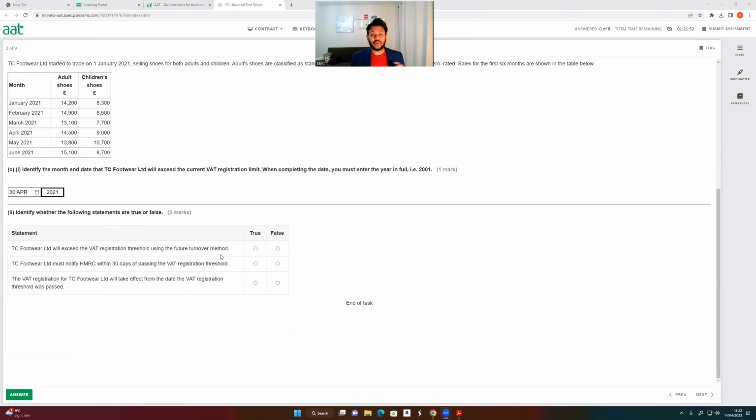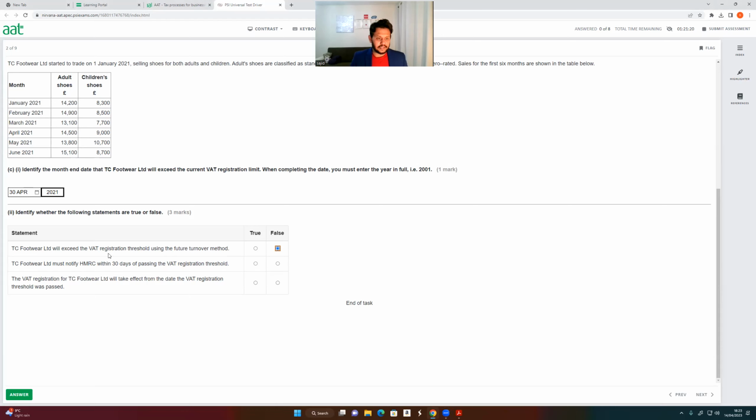Remember that we do not use the future turnover method or the future assessment method unless we are very much sure, 100% sure. That means within 30 days, I'm going to cross the threshold. Remember that we cannot guess, we cannot estimate for the next 12 months. We can only do it if I'm 100% sure that within the next 30 days, I'll reach the threshold of 85,000. This is false.